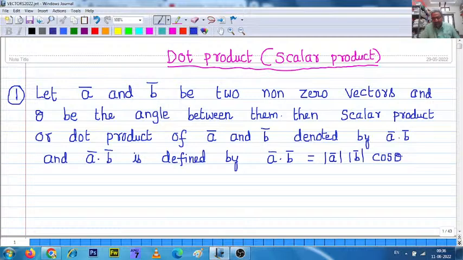So this is the definition of the A dot B. I hope it's very clear to you now.